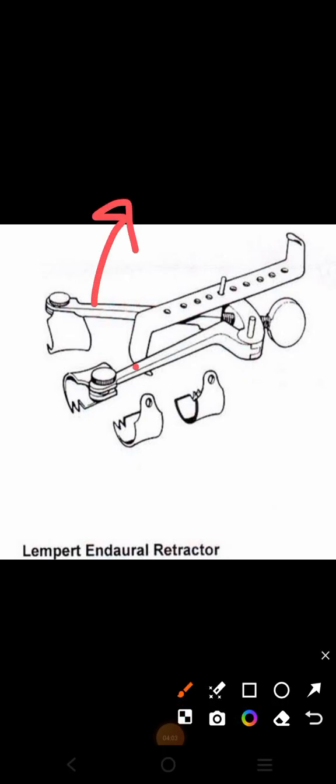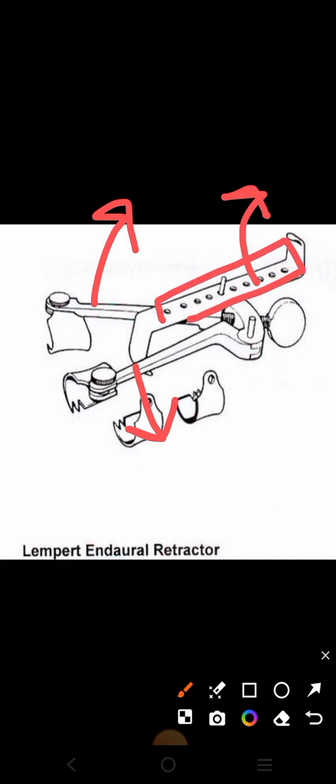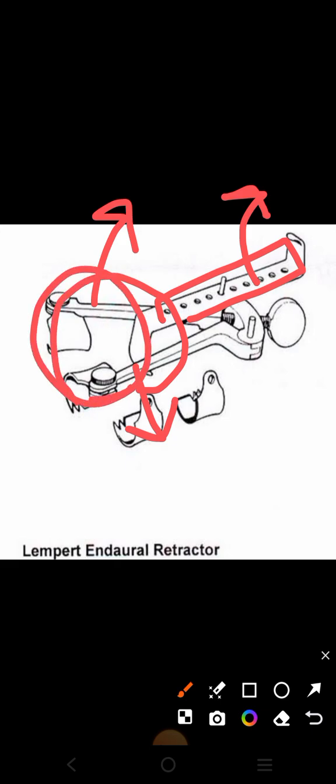These two lateral blades are mainly used for the retraction of tissues. The third blade is the central blade, and it has holes in it, and through these holes we can fix it to the remaining two blades underlying it. It has a somewhat coin-like handle. Remember it has two screws here.